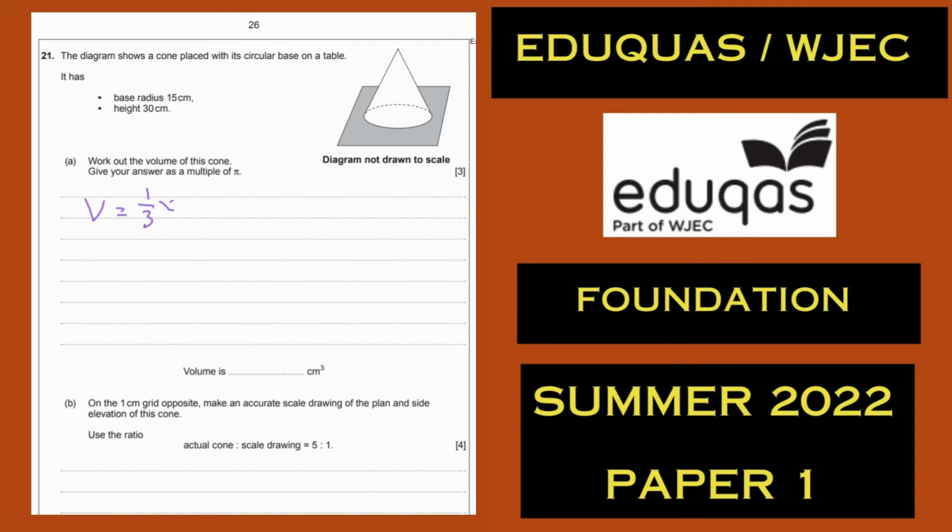Volume is a third times pi times the radius squared multiplied by the height. And you might be thinking, how do I do that without a calculator? Well, it's first of all a multiple of pi, so stick the pi in your answer. Spend some time working out 15 squared.